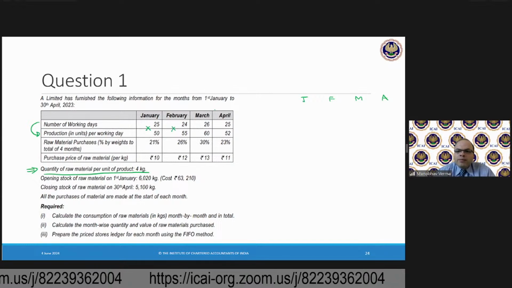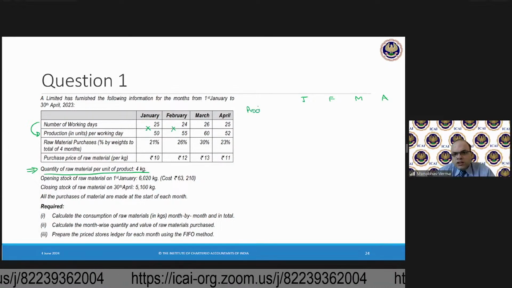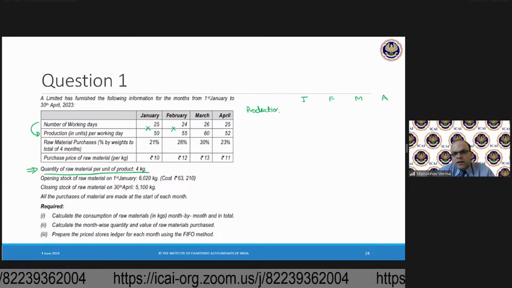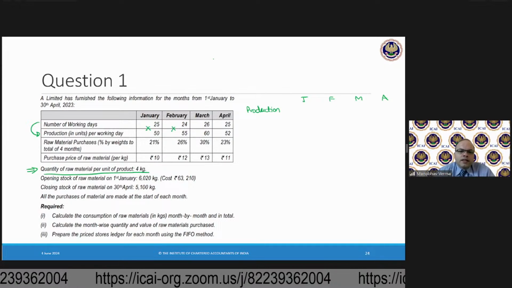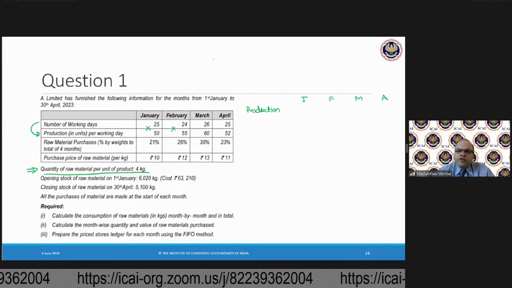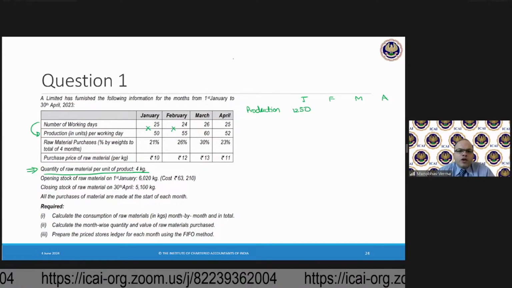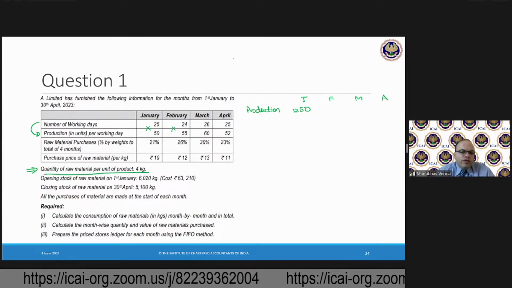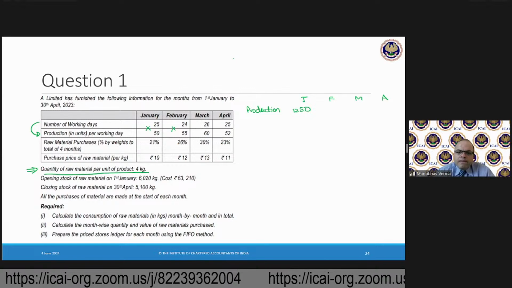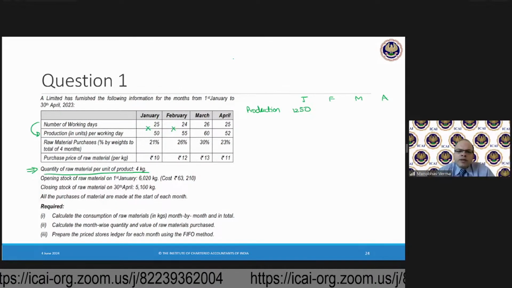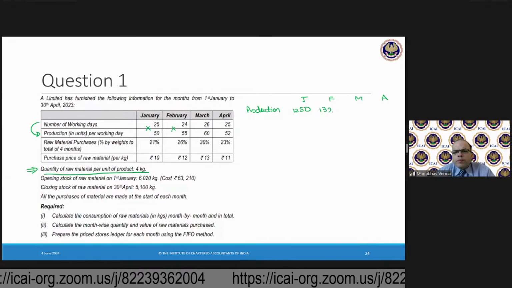So if I quickly mention here as a production, we are looking at a requirement of 25 into 50, that is 1250 here. We are looking at 24 into 55. That should be giving us, I believe, 1320.